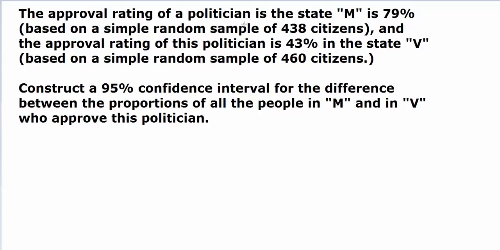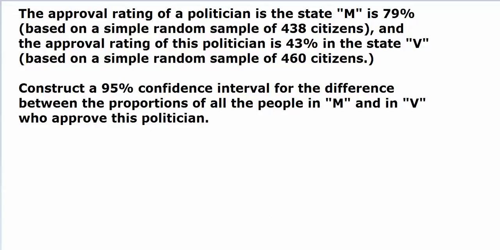For instance, say there is a politician whose approval rating is 79% in one state, based on a sample of 438 citizens, and in another state, say V, it's 43%, and we would like to create a confidence interval for the difference between the population proportions. These could be variable. You pick another sample, your proportion here will be different.